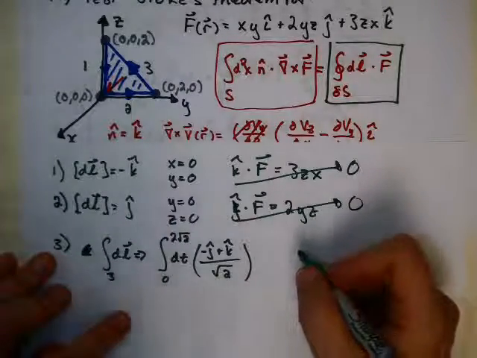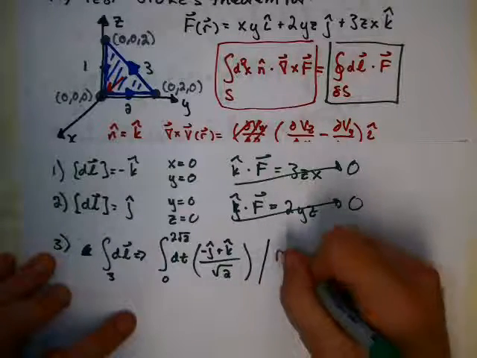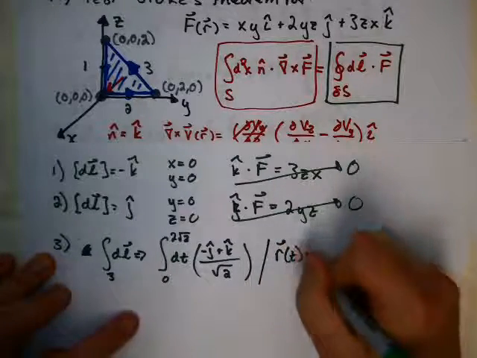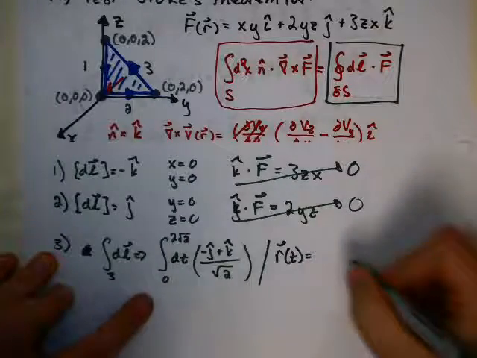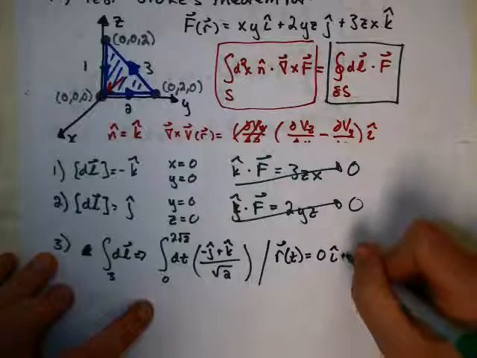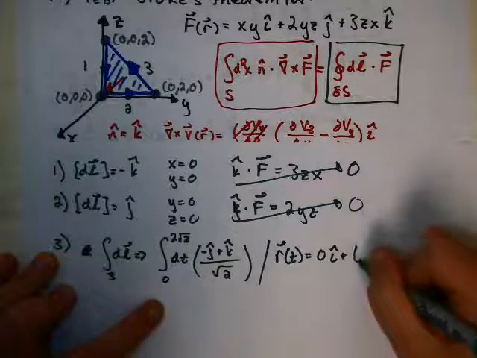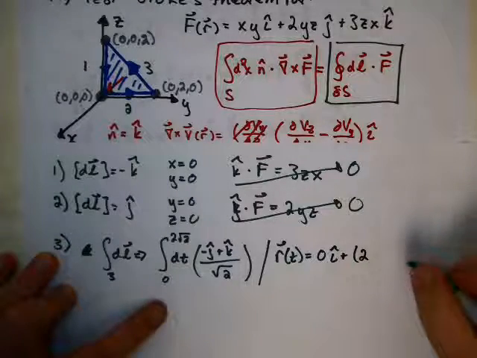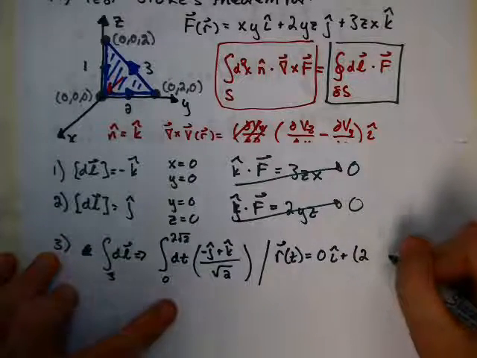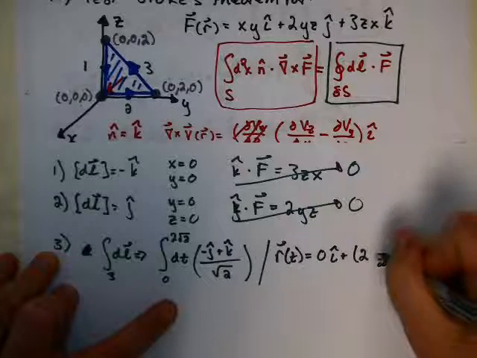The actual path that I pass through, my r vector as a function of t: the x component is going to be 0, so this will be 0 I hat. The y component is going to start at 2, so at t equals 0 it starts at 2, and at t equals 2√2 it should be 0.